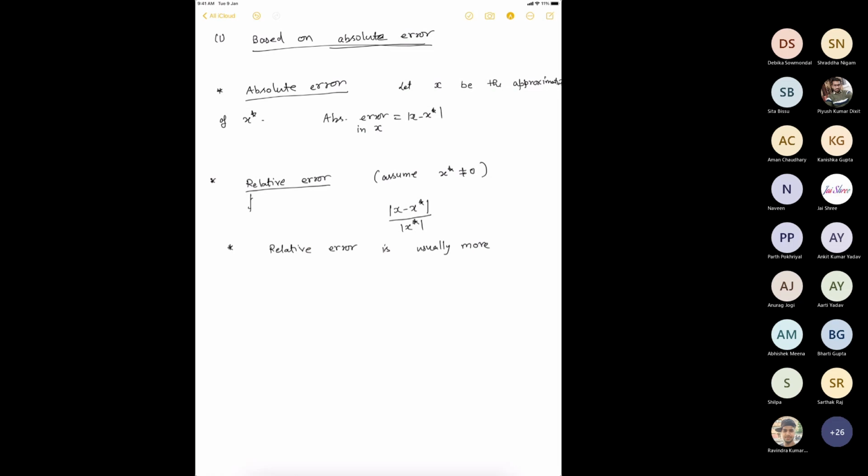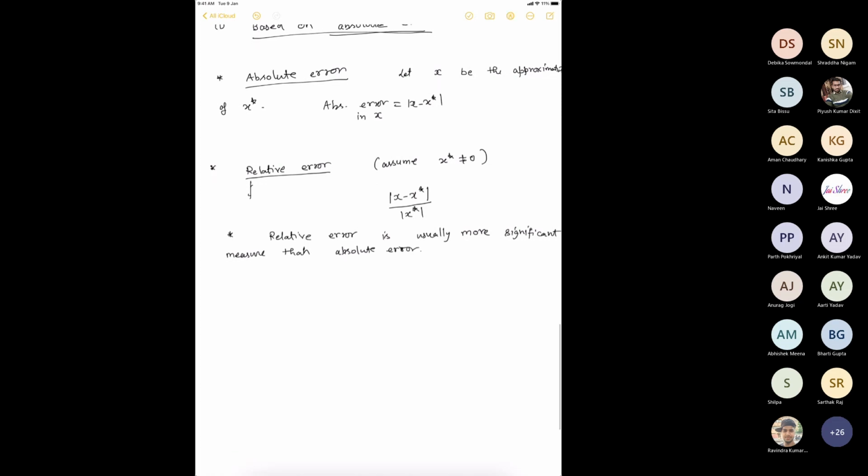So these are usually more significant than the absolute error. Okay, so first of all, you can observe that if your x star is close to 0, then of course your relative errors are not going to be meaningful.